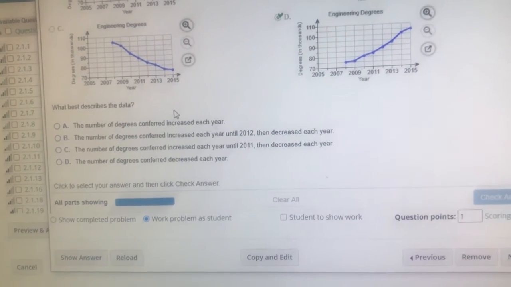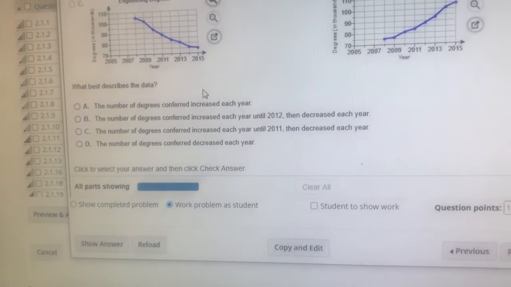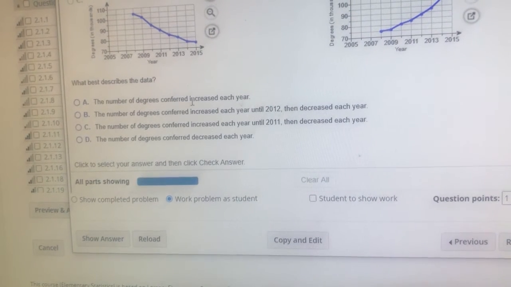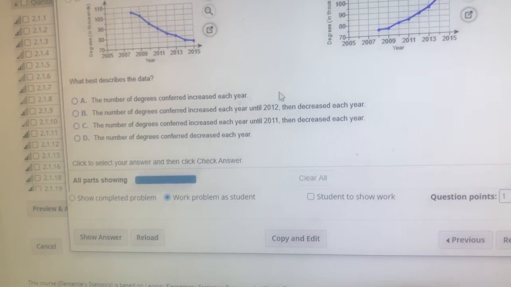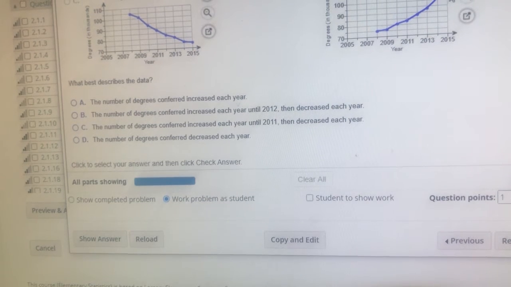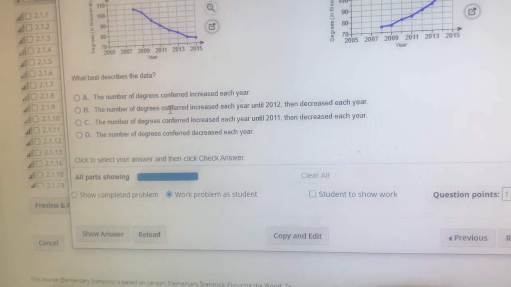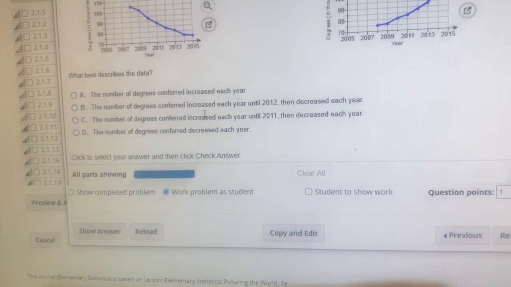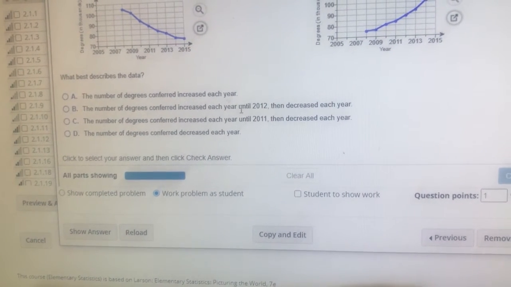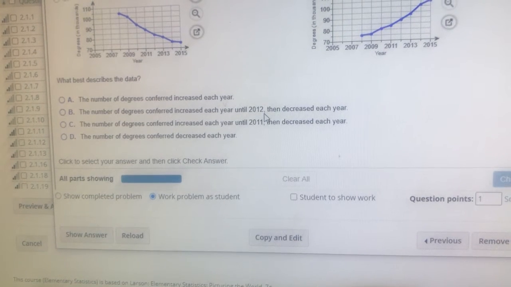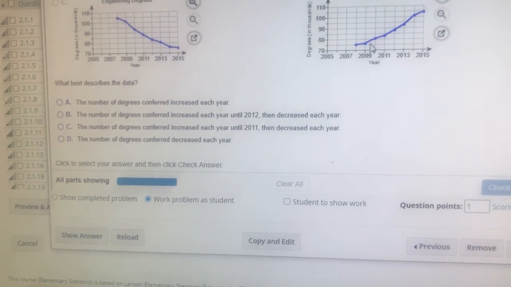Then, what best describes the data here? Number of degrees conferred increased each year. Well, yeah, this increased each year, didn't it? Number of degrees conferred means they were issued. Increased each year until 2012, then decreased. Well, no, it just kept going up and up.